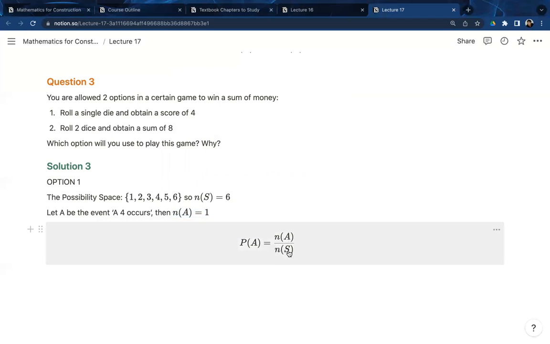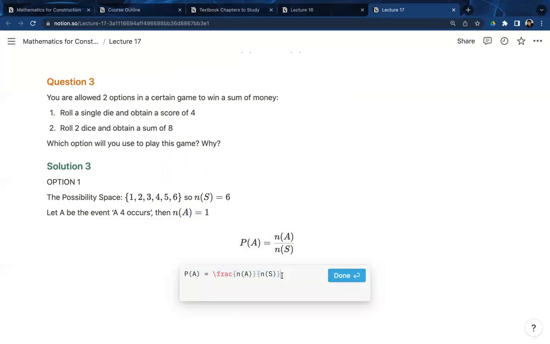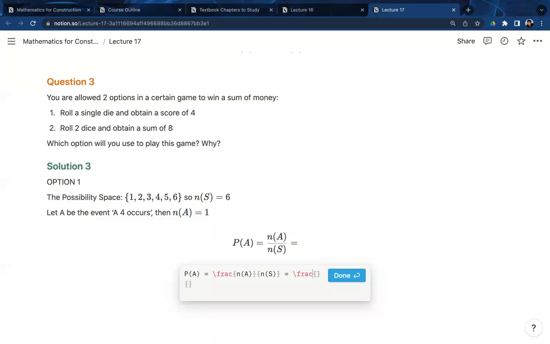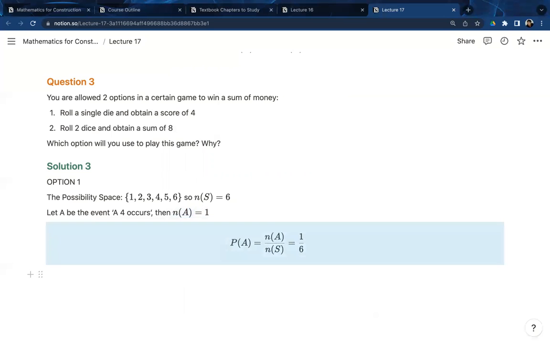So the probability of A occurring is 1/6. That's option 1.